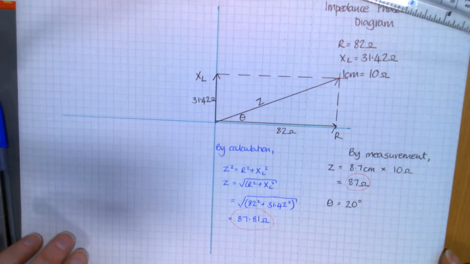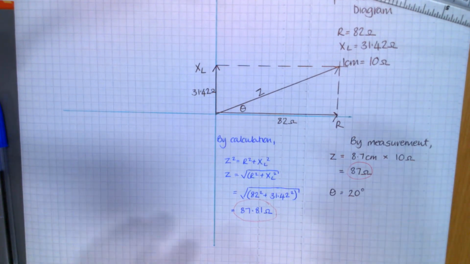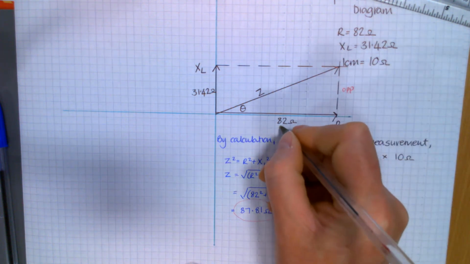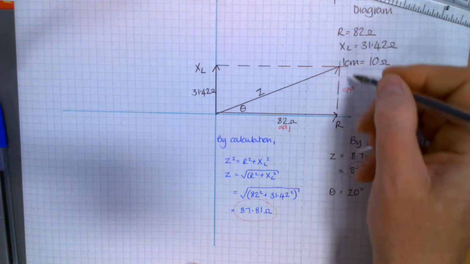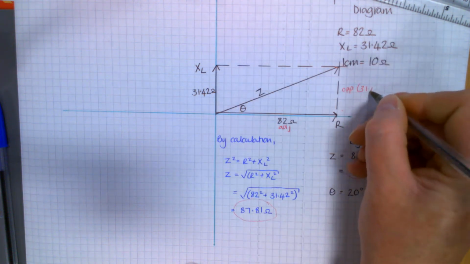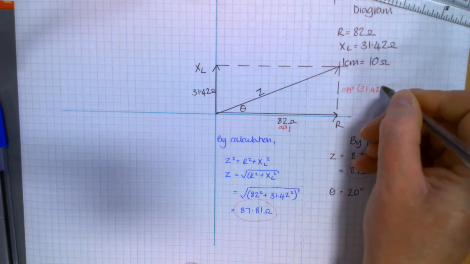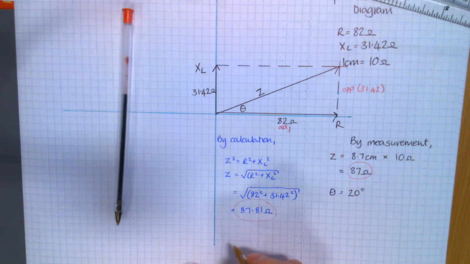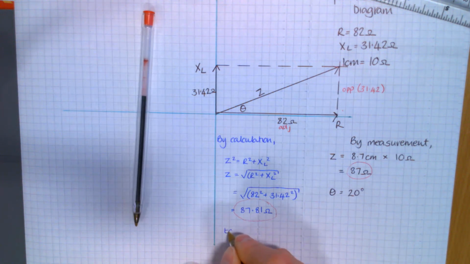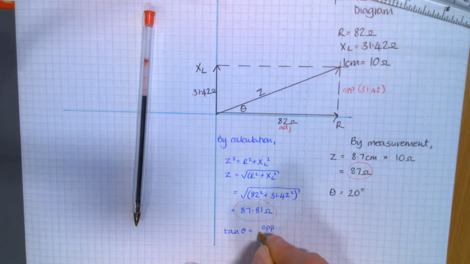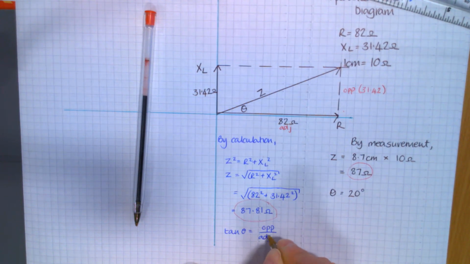Then going back to using your SOHCAHTOA, looking at that angle, that's an opposite, that's an adjacent, and the size of this is the same as that. So the size of that opposite is 31.42. To get the size of that angle, I'm going to use tan of the angle is the opposite over the adjacent.